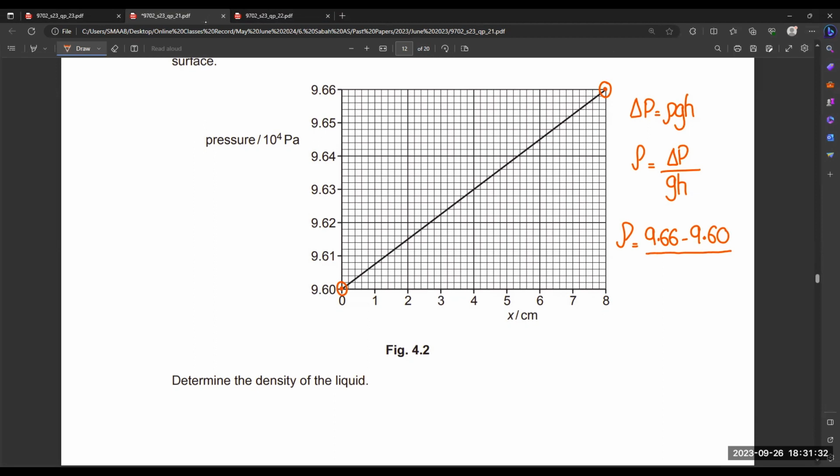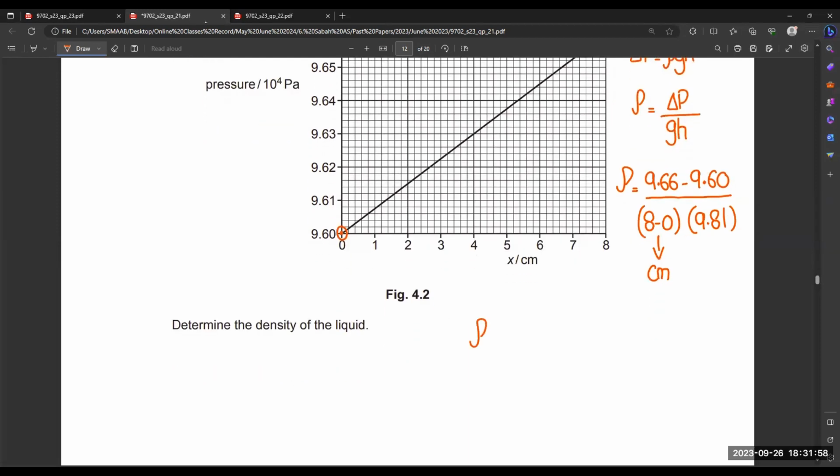Again, we take that value in meters per second squared. So it means we have to convert height into meters, right? This length is in centimeters. We have to take it into meters.